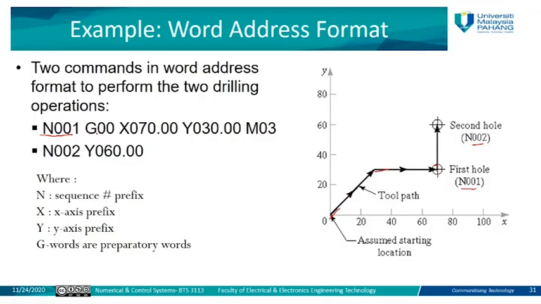According to the code here: N001, G00, go to X070, Y030, and then you have M03. This is how to write the code to move that tool to point number 1 here.